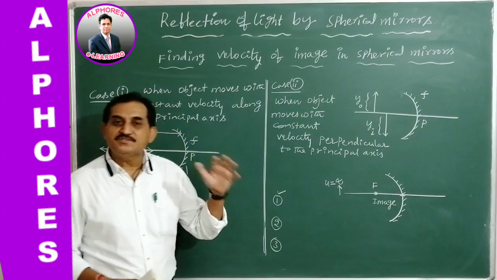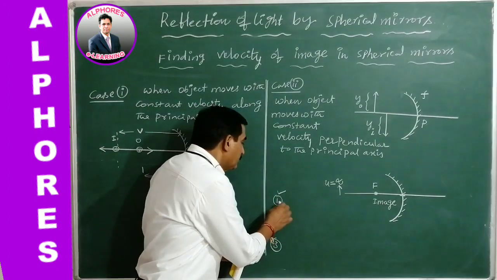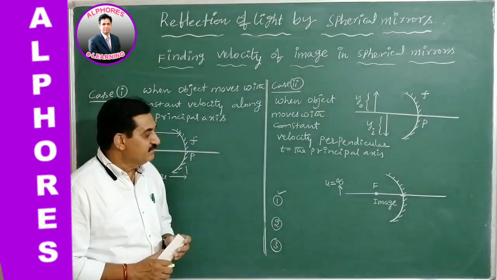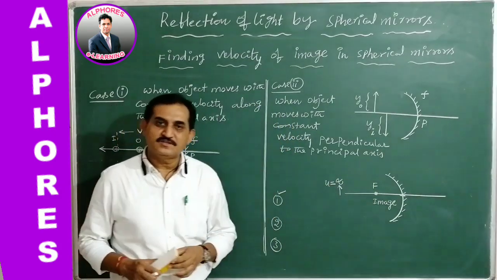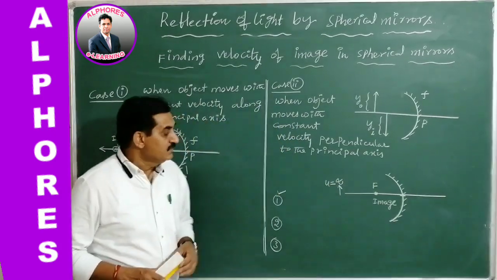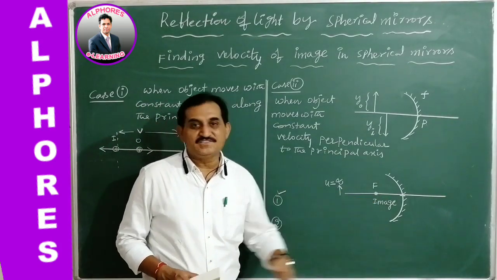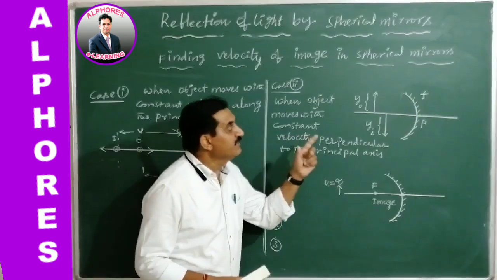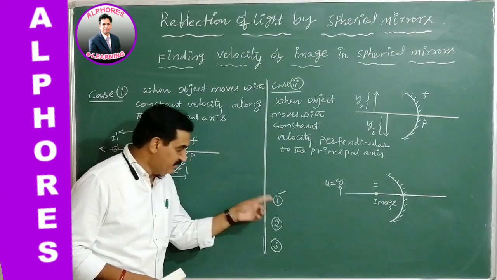Point number 1 is over, where we extend the statement. Of course here it is a point size, small in size. The size of the image is interpreted as velocity of image in the spherical mirror. Once again I repeat point number 1.